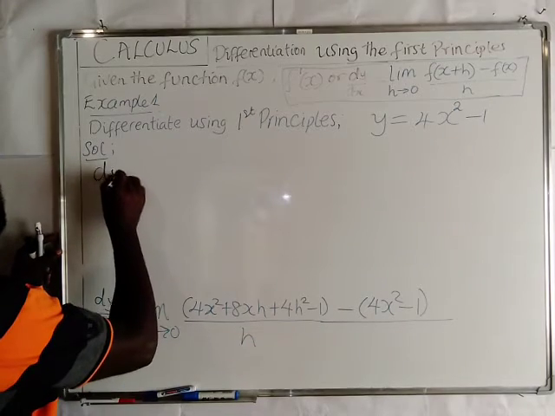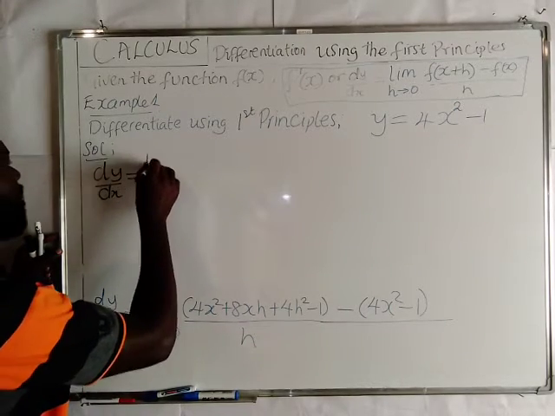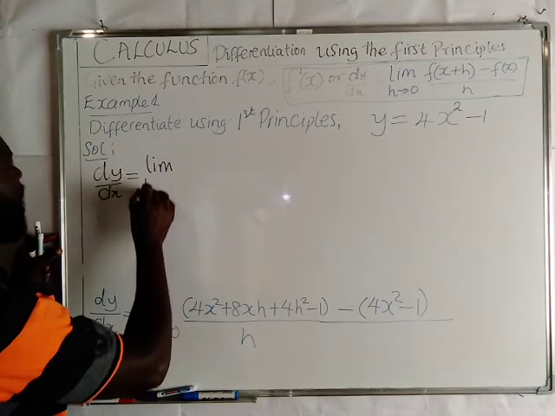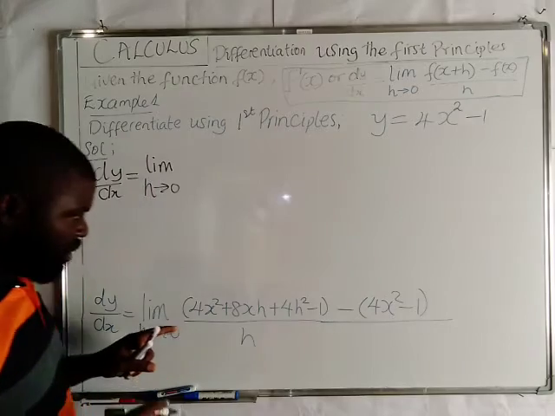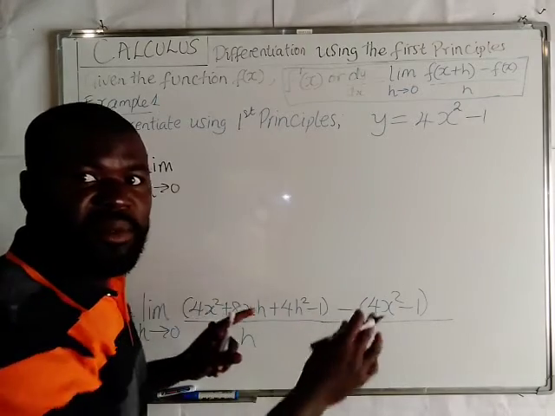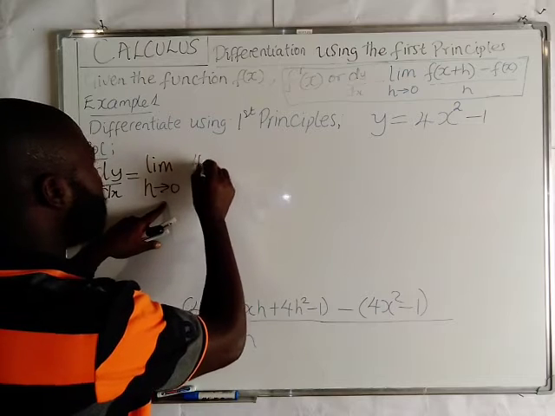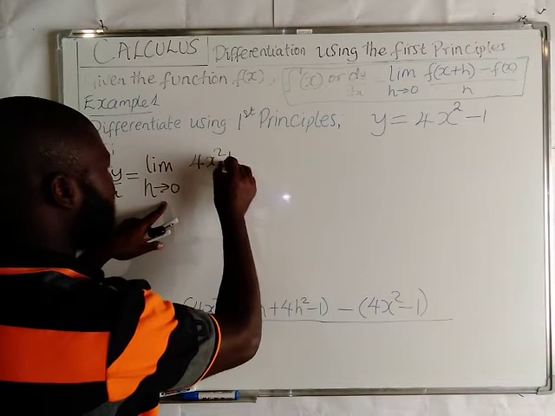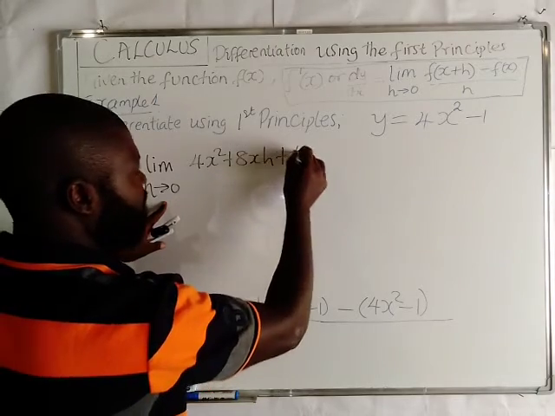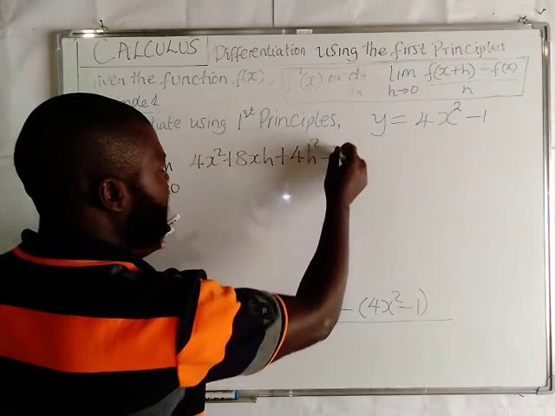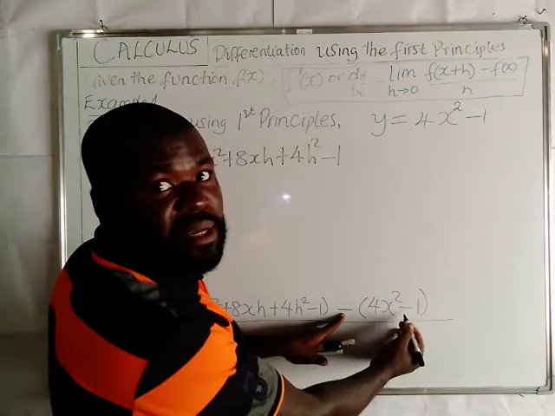dy dx is equal to the limit as h approaches 0 of, okay, so now we get rid of the brackets. So we say 4x squared plus 8xh plus 4h squared minus 1. We remove the brackets. Then even here we remove the brackets.